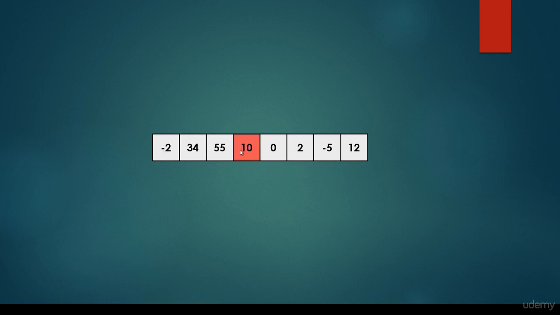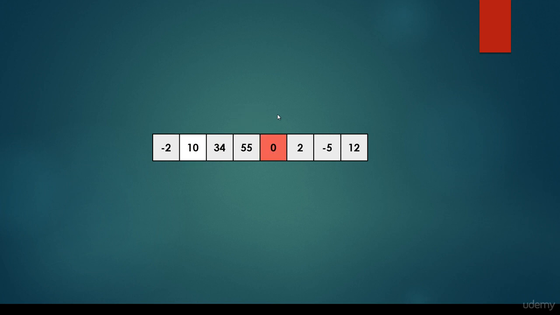Okay, what about the next item? The 10. Again, we have to consider every single item that precedes the number 10. 55 is greater? Yeah, we shift it. 34 is greater than 10? Yeah, we shift it. -2 is greater? No, so it's going to be just fine.